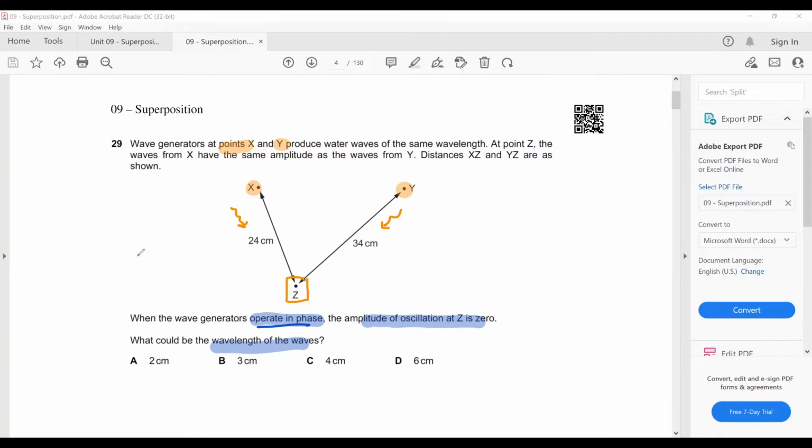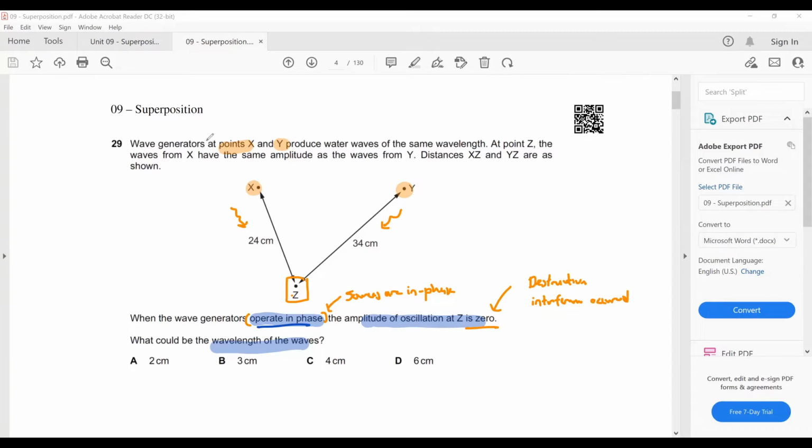What was mentioned here is that when the generators were operating in phase, meaning the sources are in phase, what was found was that at Z, the amplitude of oscillation is 0. So this one tells you destructive interference occurred.